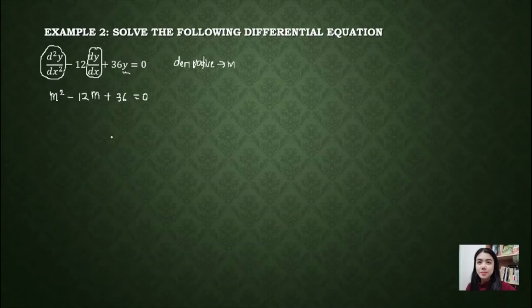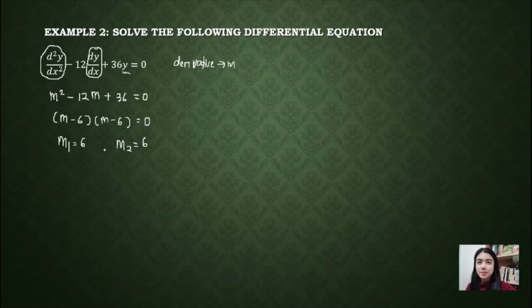Alright, so let's just factor out this equation. If you factor out this equation, basically you will have (m - 6)(m - 6). So it means that your value of m1 is actually 6, your value of m2 is actually 6. If you press your calculator, you just have one value. It means that the value of m is actually repeated. So that's why it just gives you one number, 6 only.